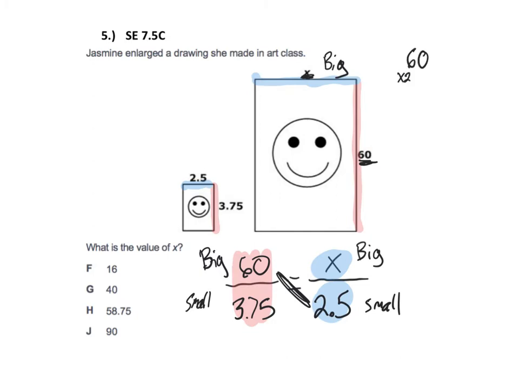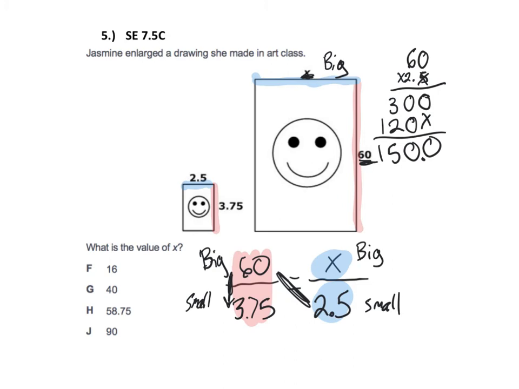60 times 2.5. 0, 30. 0, 12. 1 decimal. So we get 150. Now we need to divide down by 3.75.